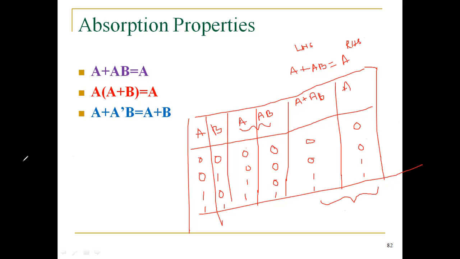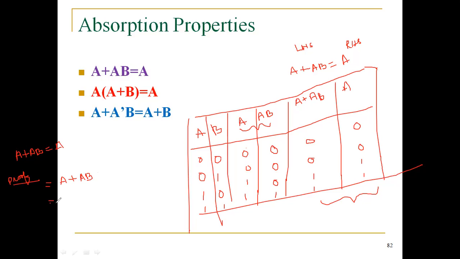The same thing can be proved in another manner. That is, A plus AB equals A. This is the problem given, so how can we prove it? Take the LHS as it is: A plus AB.